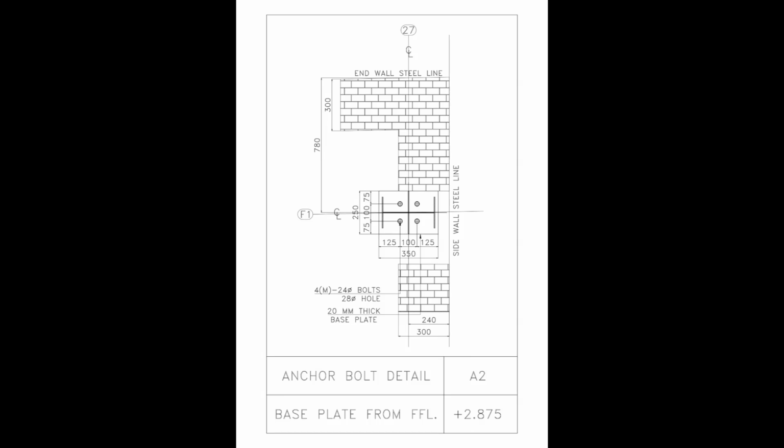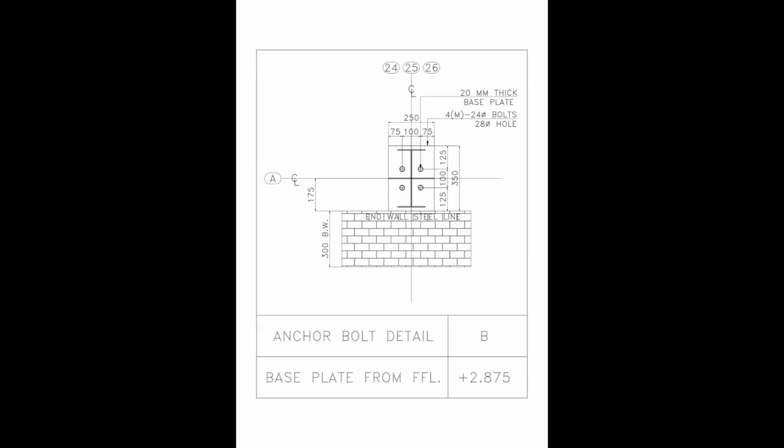The offsets and dimensions must be followed accurately because even a small positioning error at a corner column can create alignment problems for the wall framing and cladding system. The base plate elevation for this detail is plus 2.875 meters from finished floor level.